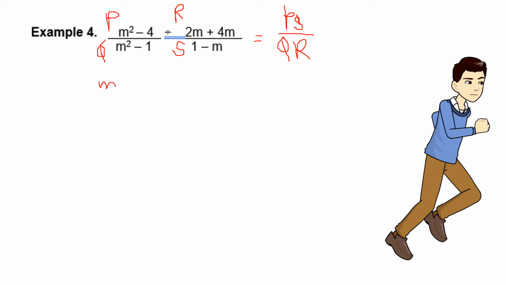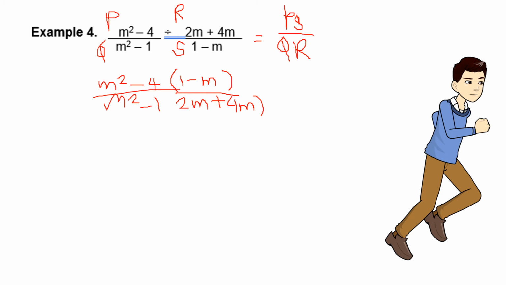So, we have M squared. Susulat muna natin. M squared minus 4 over M squared minus 1 times yung reciprocal. So, I have 1 minus M over 2M plus 4M.